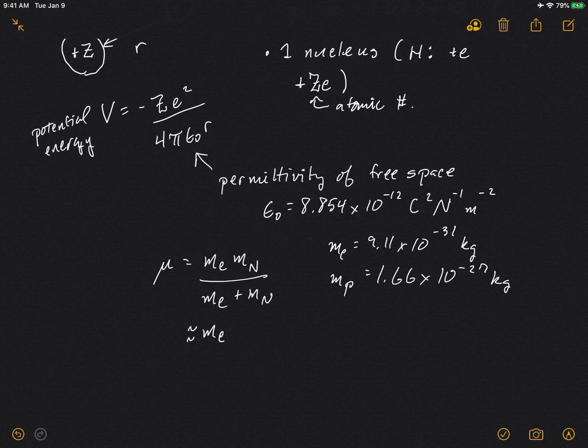In other words, the electron is what's doing most of the moving in this system. That's going to be a little bit less than an electron. So often we use the mass of an electron and mu interchangeably because they're about the same out to 3 or 4 sig figs.